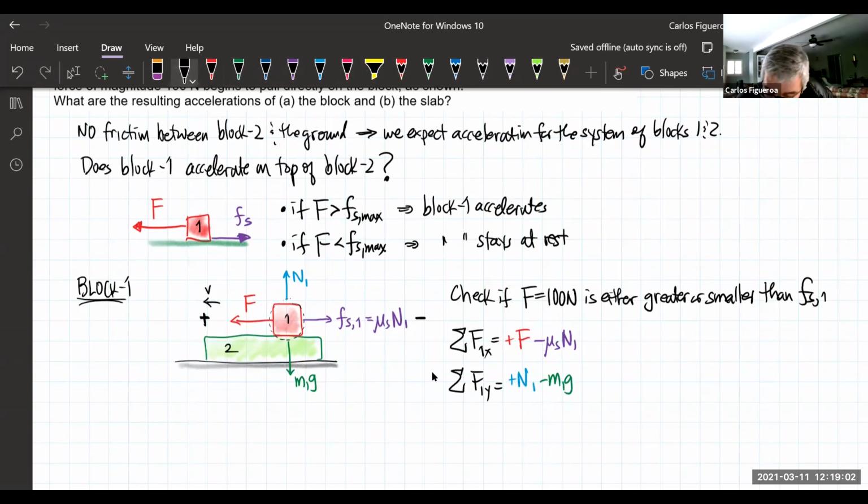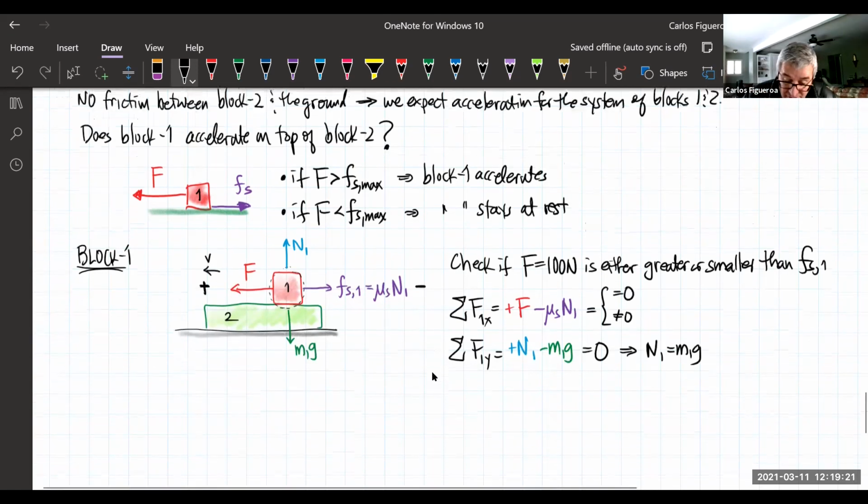And we know this has to be 0. So this immediately tells us that N1, of course, has to be M1G. So here's the question, right? Is it this or is it that? So let's go answer this question here.